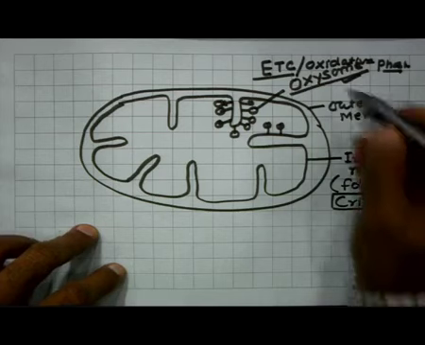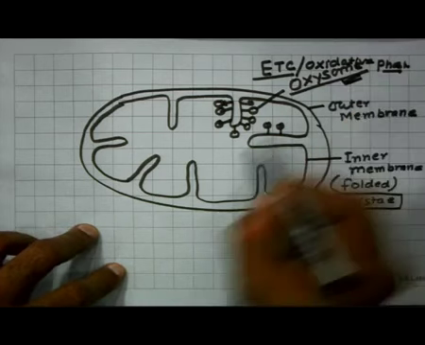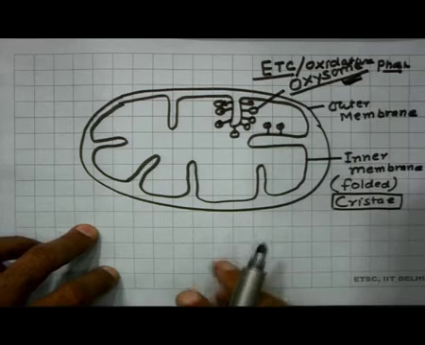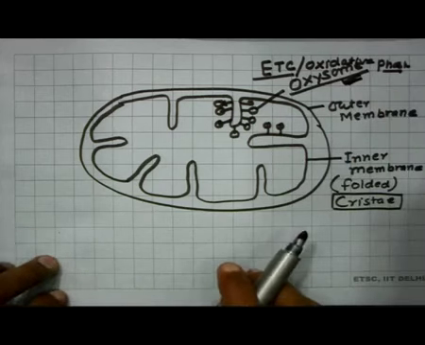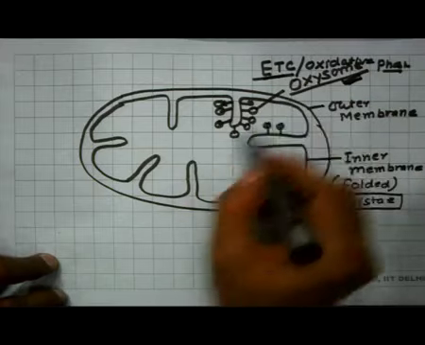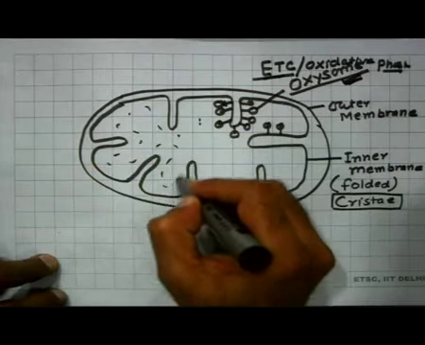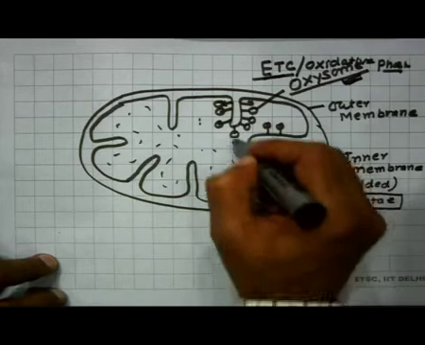Here the oxidative phosphorylation takes place in the oxysome, and inside the inner membrane there is the matrix.